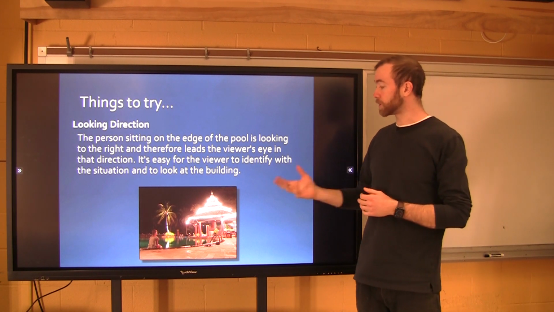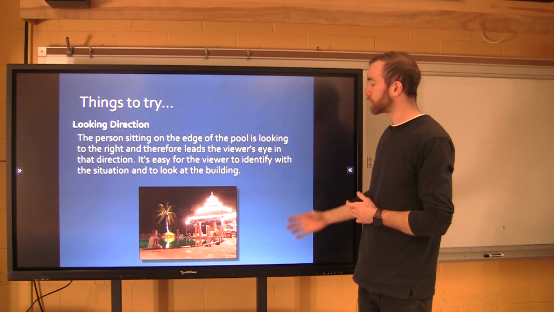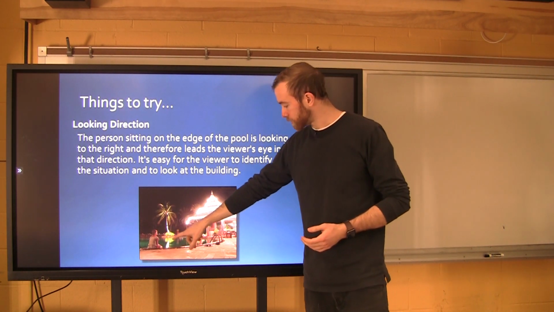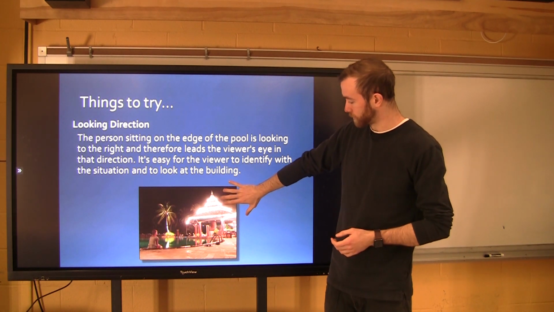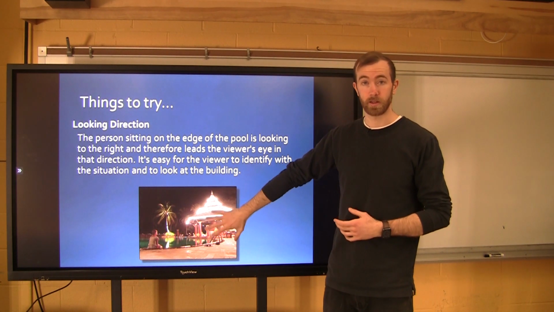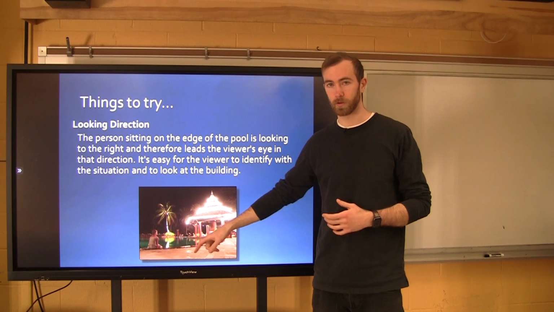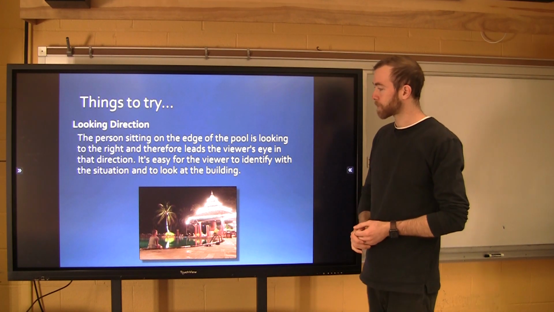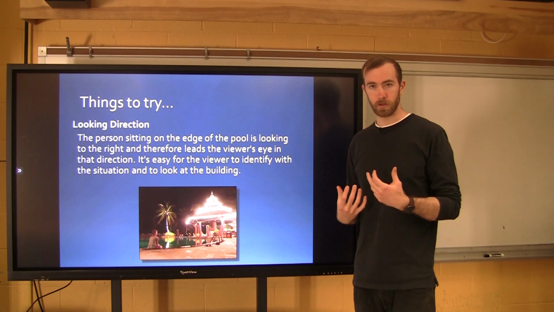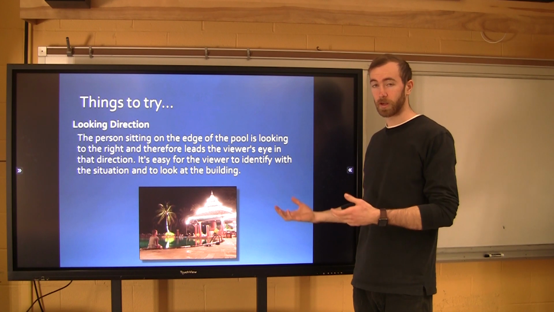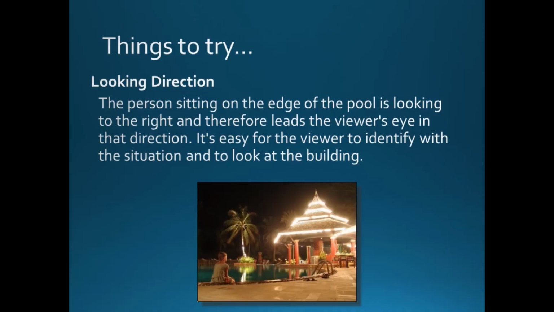Here's something, this is called a looking direction. There's a subject, there's a gazebo in this photo. In the background, both are in focus, not a shallow depth of field. But we as a viewer will look to where the person in the photo is looking. The person sitting on the edge of the pool is looking to the right and therefore leads the viewer's eyes in that direction.